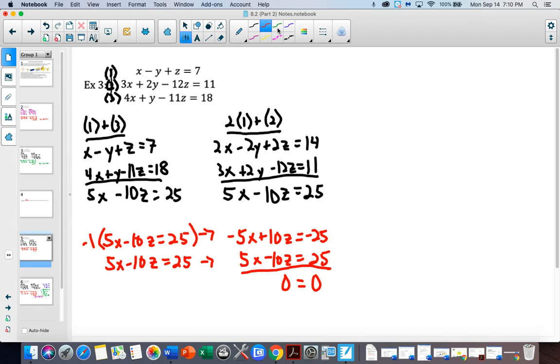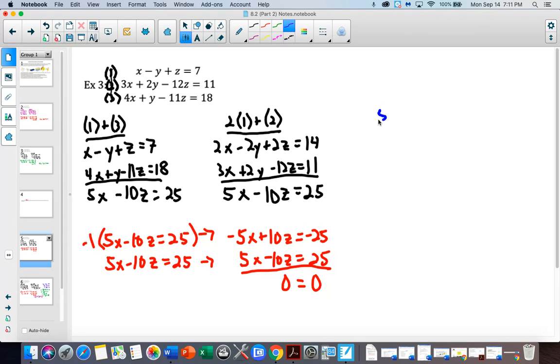But we are going to take this one step further and list out the solution set, okay, all the possible solutions. So what that means, I'm going to take this equation and solve it for x. I'm going to end up writing my entire solution set in terms of z. So I want to take one of these equations here and solve it for x.